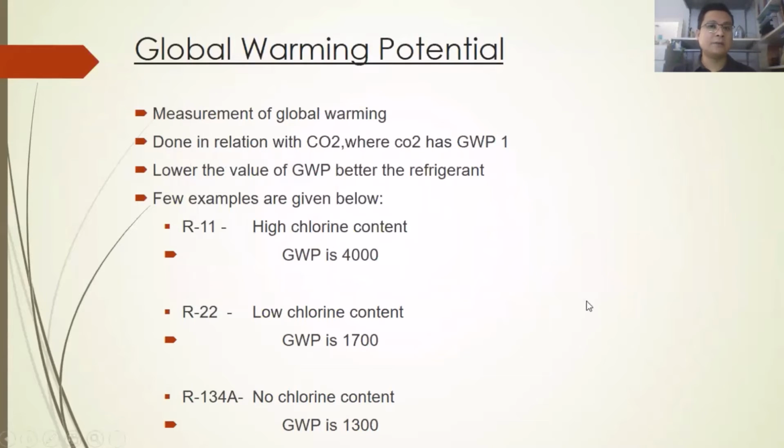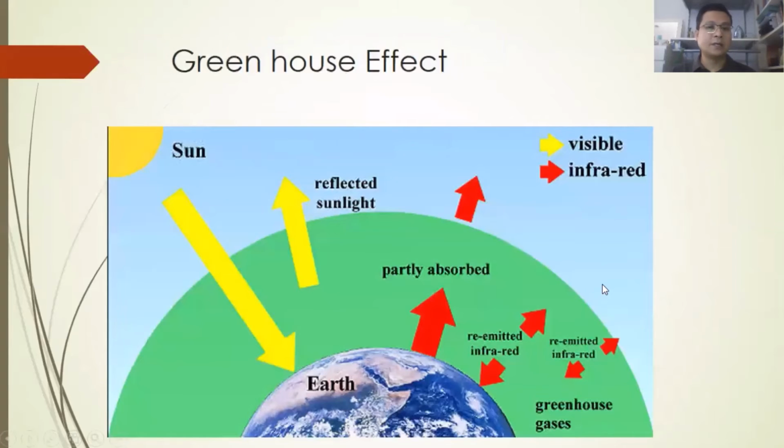Global warming potential also should be low, or maybe we should try to make it zero, because if it affects global warming potential, it will increase the temperature of the Earth.